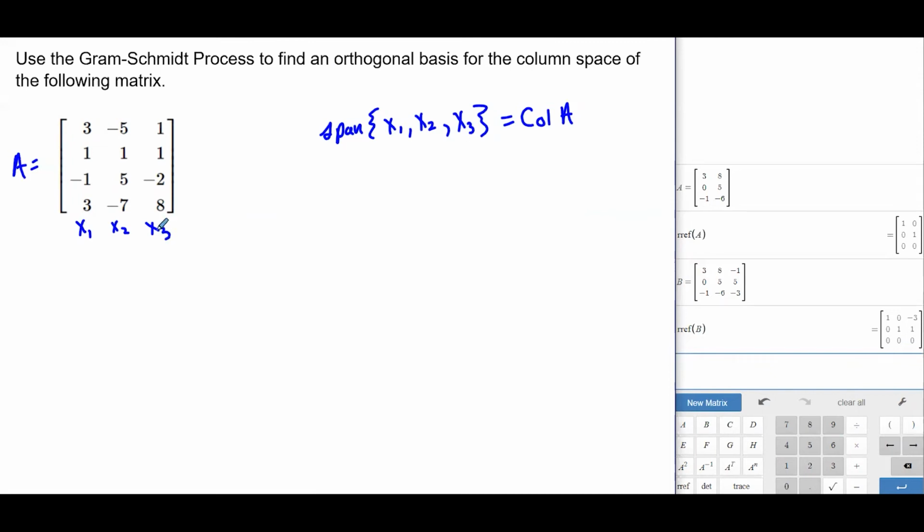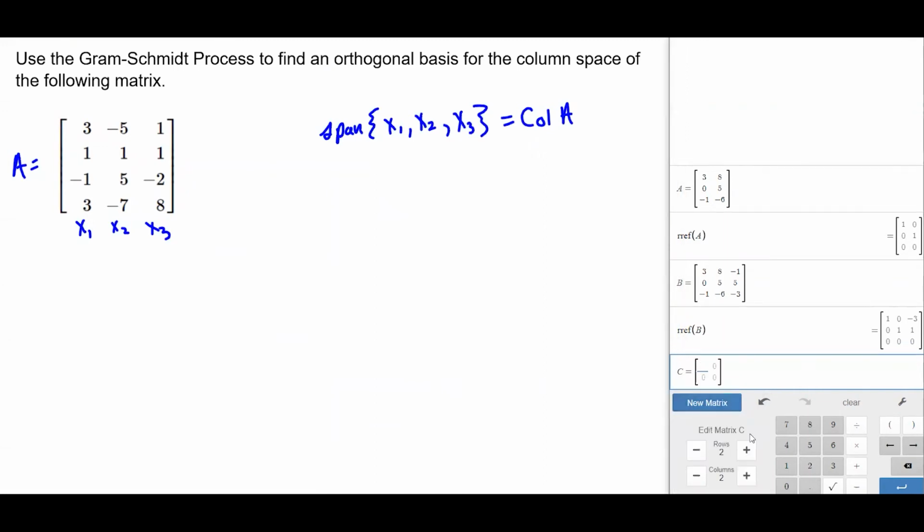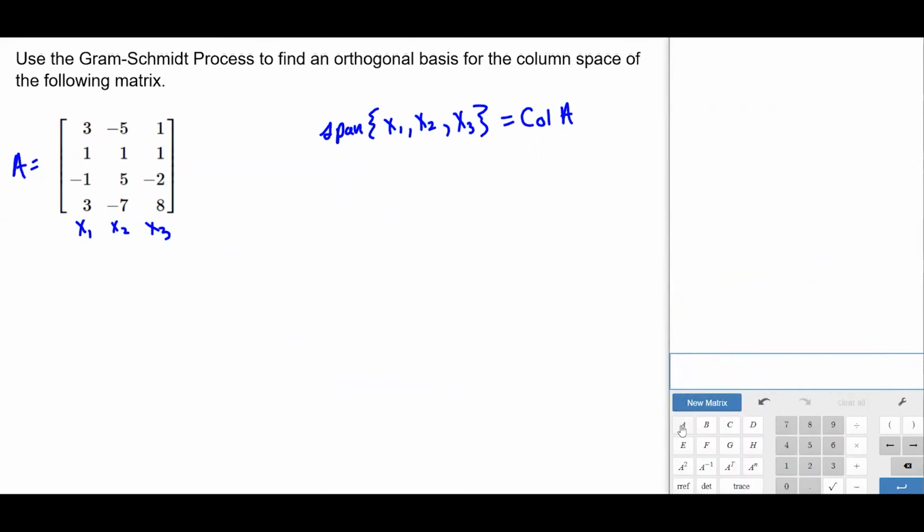Okay, now, in order for Gram-Schmidt to work, you've got to make sure that your vectors are linearly independent already. So let's clear this out. New matrix A, it's going to be 4 by 3.